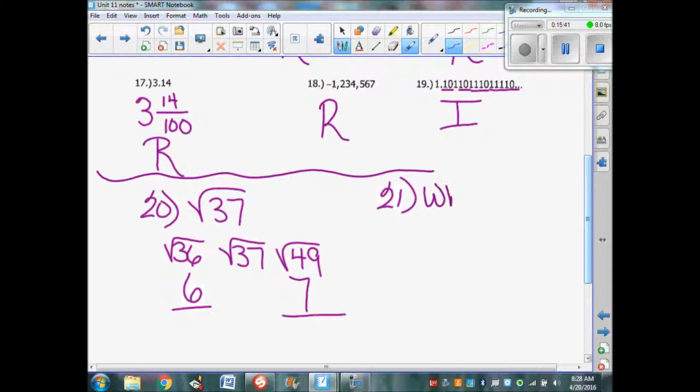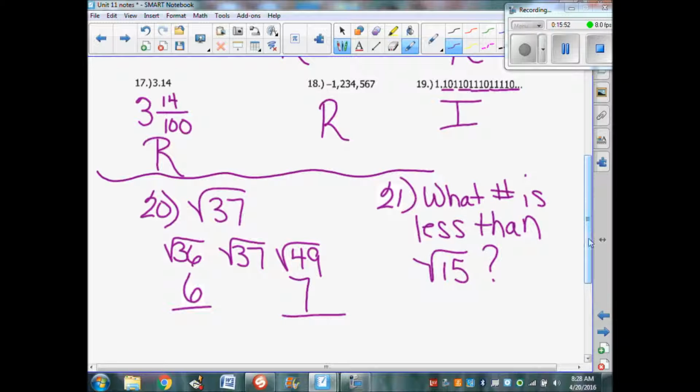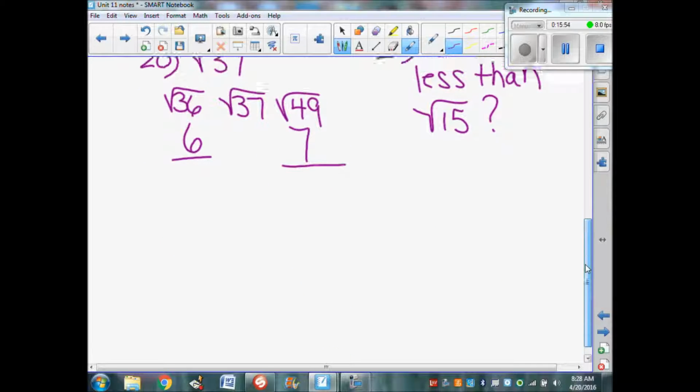And the last one. What number is less than the square root of 15? And I'm going to give this a little multiple choice here.